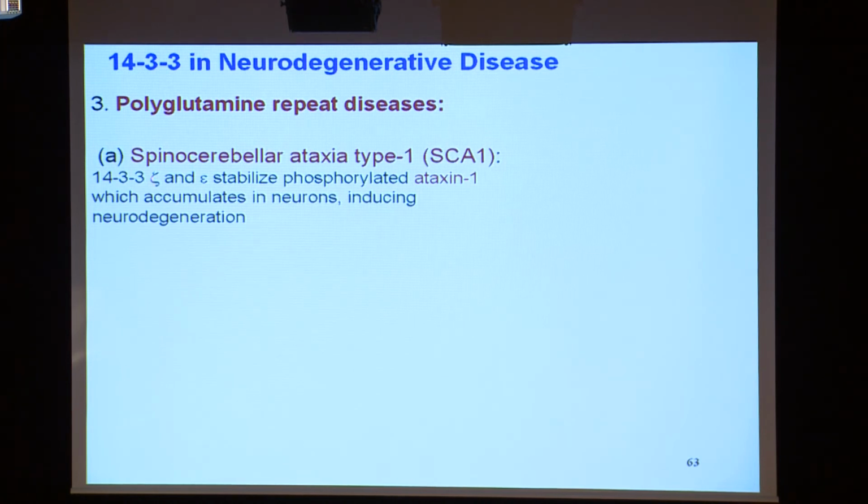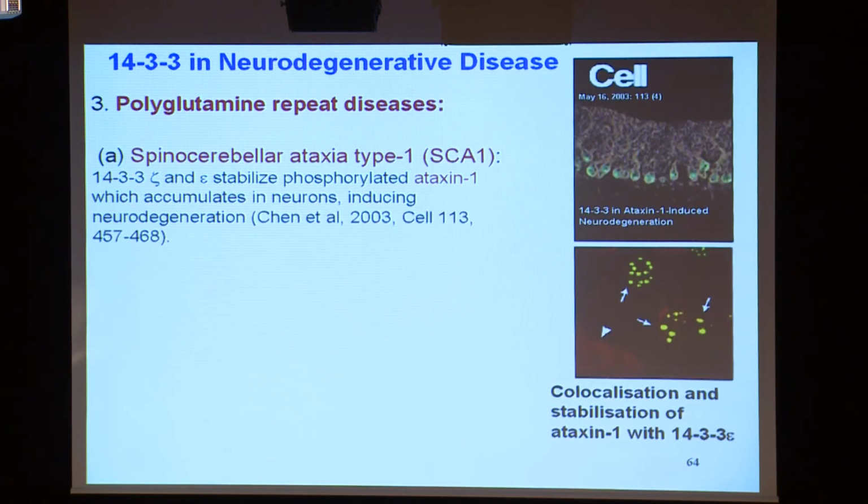Well, in a collaboration with Zoghbi's group at Baylor, two isoforms, zeta and epsilon, can stabilize ataxin 1 when it becomes phosphorylated, and then it accumulates in the neurons, inducing this neurodegeneration. This was published in Cell a few years ago, showing 14-3-3 co-localizing with ataxin 1 and stabilizing it.